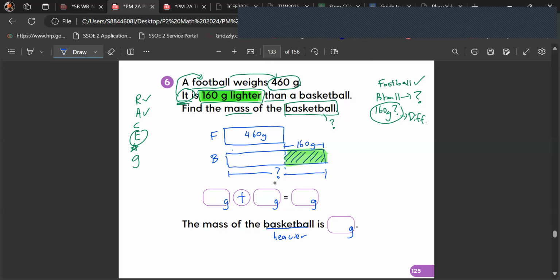The basketball is going to be a bigger number, bigger than the football. So it cannot be minus because basketball is heavier. So I will do 460, there's the football, plus the lighter part, the extra, that will give you your basketball. So 460 plus 160, that's the method.